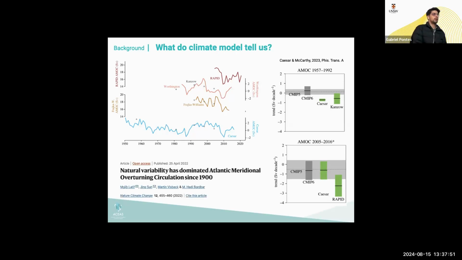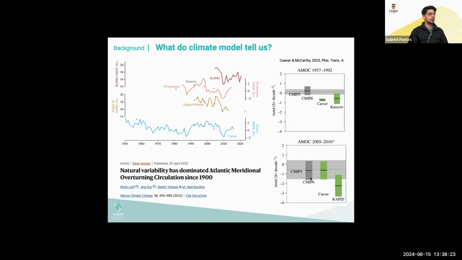And there is this other study. What those authors did was assess the difference between the historical simulations and the pre-industrial runs of the models. They did a bunch of statistics to see if there is any statistical difference between the historical simulation of the AMOC and the pre-industrial control of each one of those models.